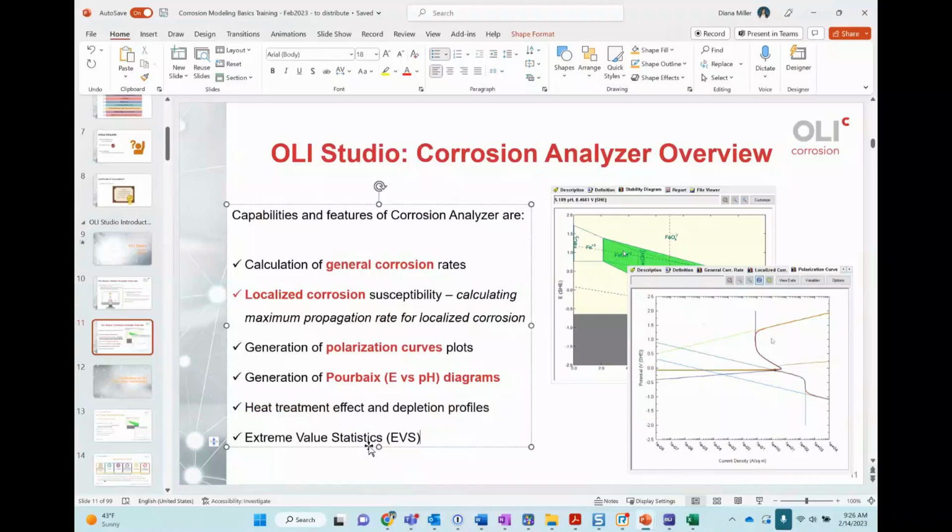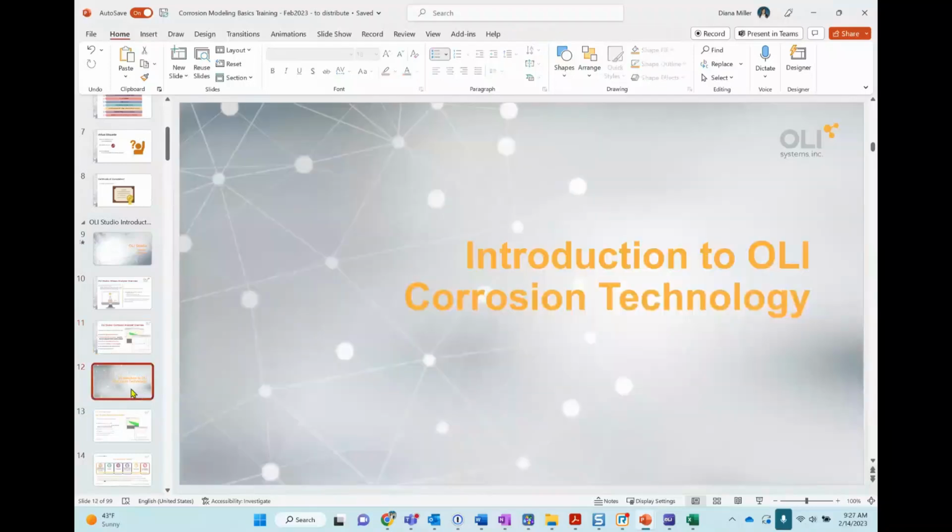And we also have a tool called extreme value statistics that works mostly to determine the asset life of a material, of a metal, based on probability. This doesn't really have a corrosion theory behind it. It's more probabilistic. If you're interested, let me know, and we can talk about this in the training as well.